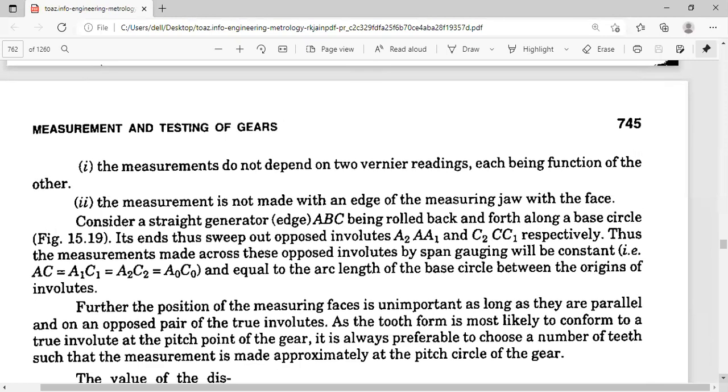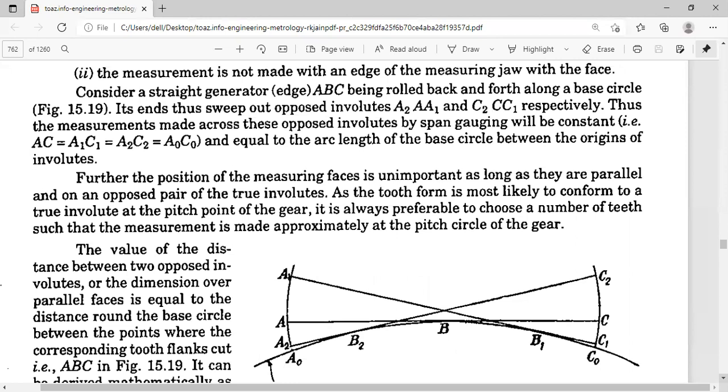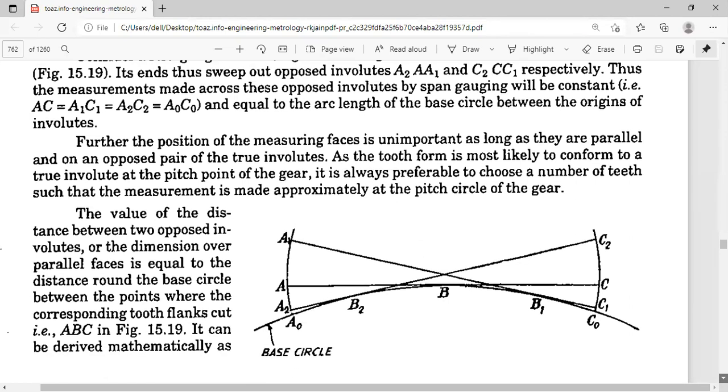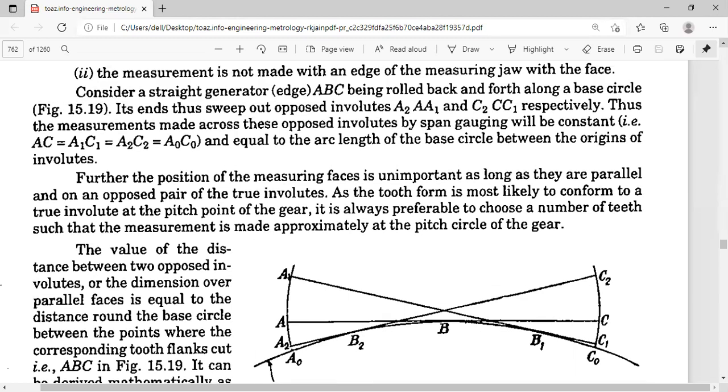So what you have to do, you just try to concentrate now here. First of all, you have to take a constant generator. Here the constant generator is ABC. So what you have to do, you just try to see the diagram.